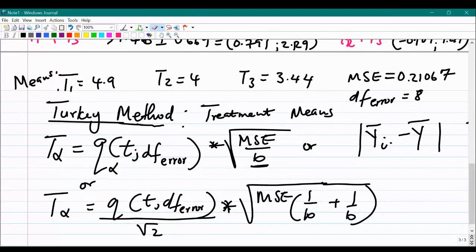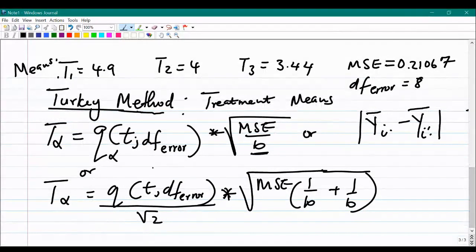So the table that you are going to use here is the studentized table, isn't it? So if you know this, guys, can someone give me the confidence interval for Tukey? As long as you have this part here.